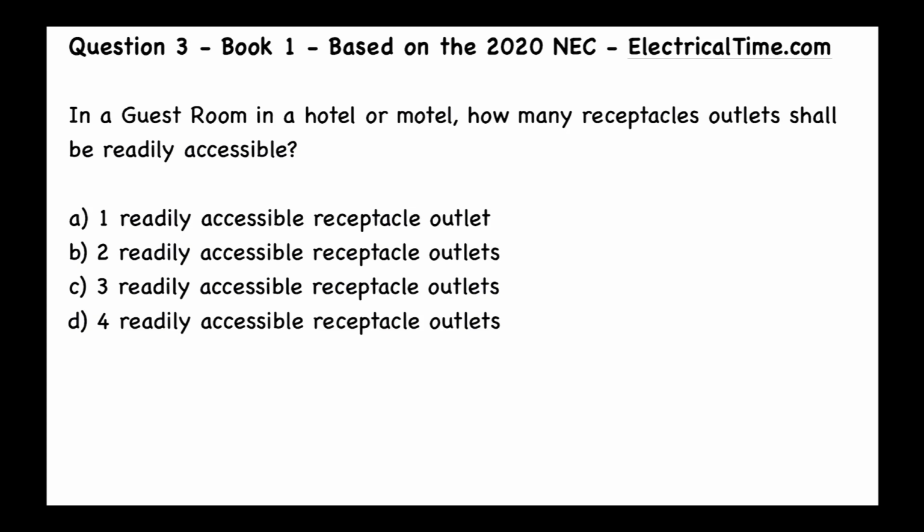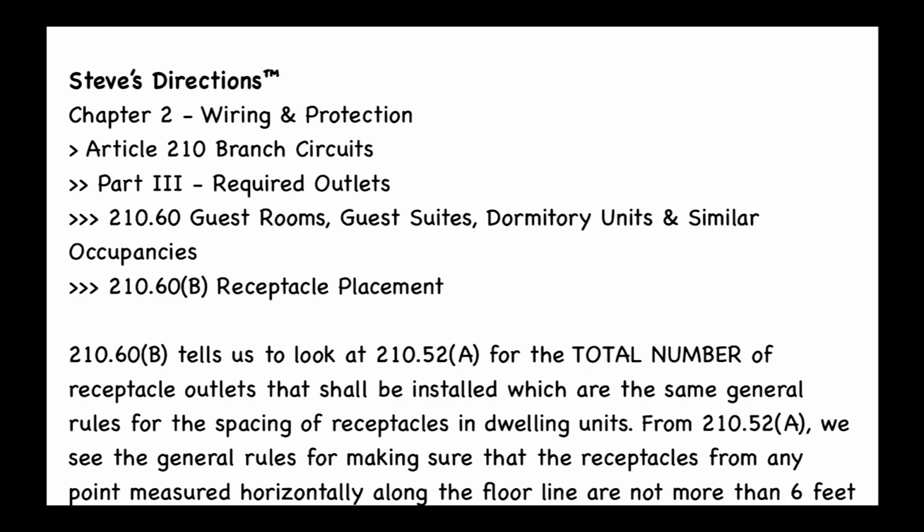And the answer to this question is going to be 2 readily accessible receptacle outlets. All right, so let's go now and see how we found this answer. So the first thing we're going to ask ourselves is, what article are we talking about here? And that is going to be Article 210, and that is called Branch Circuits.